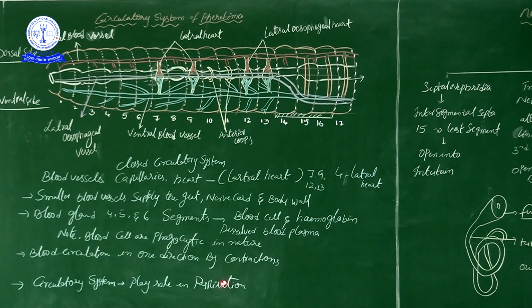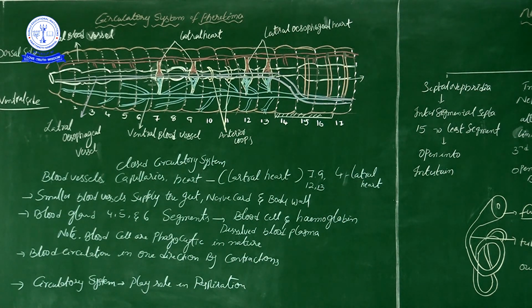The hemoglobin plays an important role in respiration, carrying oxygen, and the blood cells have the ability of phagocytosis, which makes a defensive mechanism. The blood circulates in only one single direction in these blood vessels. This is regarding the circulatory system of Pheretima.